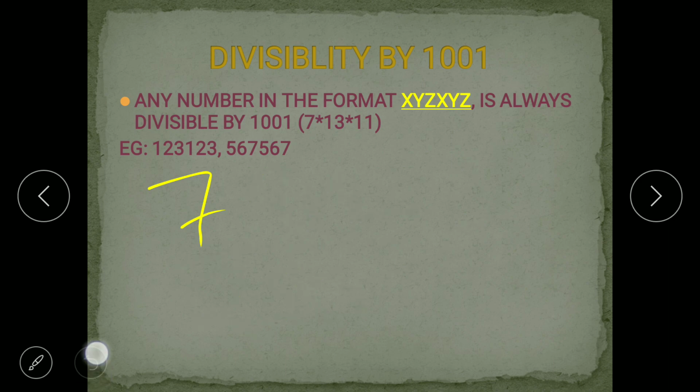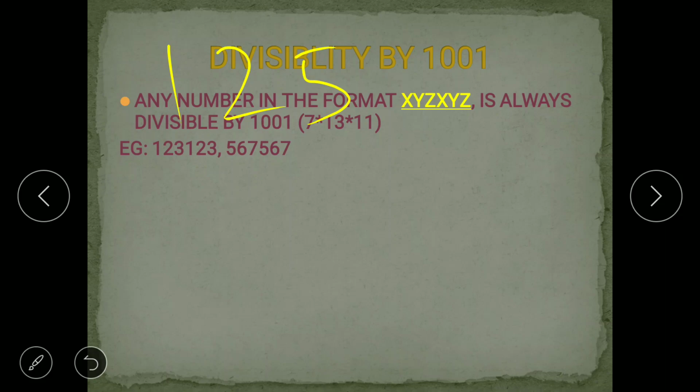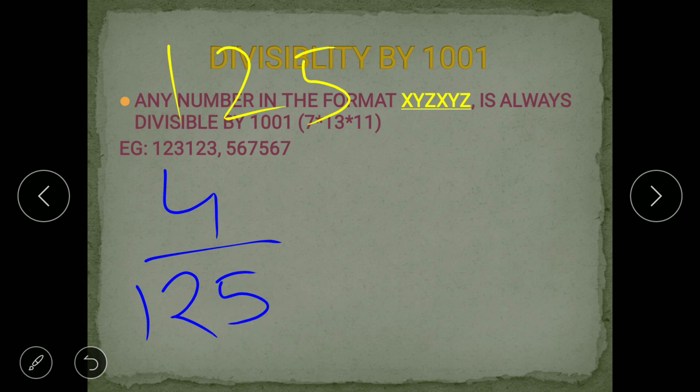Now, what to do with 125? Take an example, let's say it's 4 divided by 125. Now, this is a tough question. You have to put points and all. But follow this trick. Multiply both denominator and numerator with 8. What will you get?